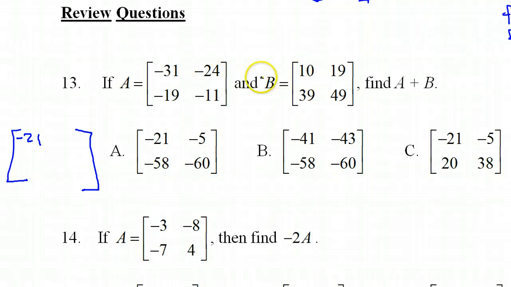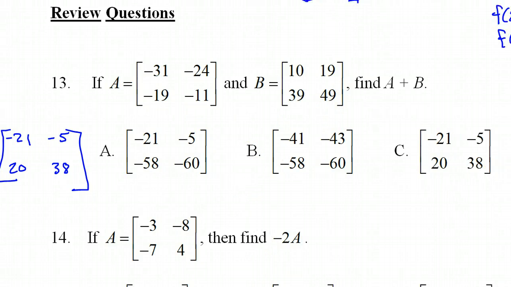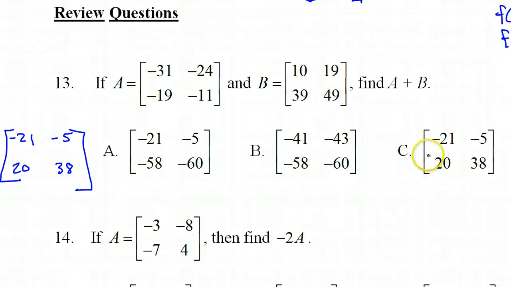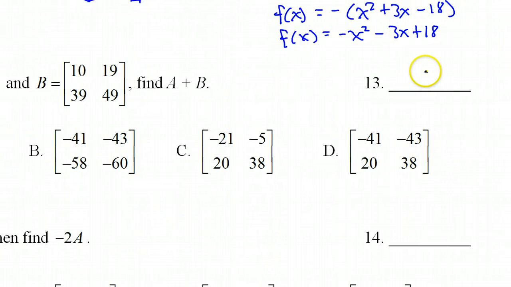Negative 24 plus 9, and so on. So we get negative 5, 20, and 38 by adding each pair of corresponding elements. So then you just look for which one of these is the answer, and I see that it is C is the one that matches. So the answer to 13 is in fact C.